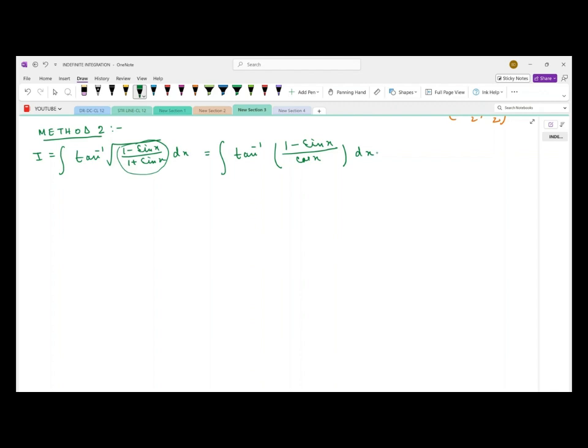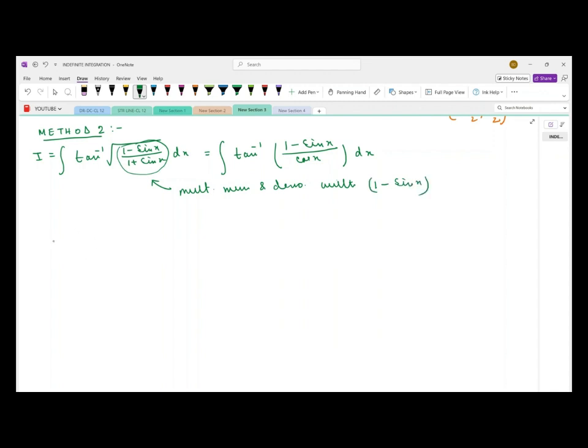Okay, so here what we are doing is multiplying numerator and denominator with 1 minus sin x.